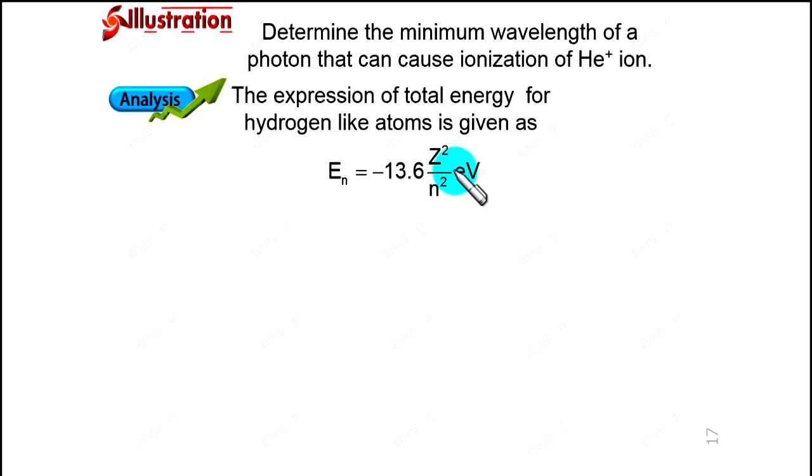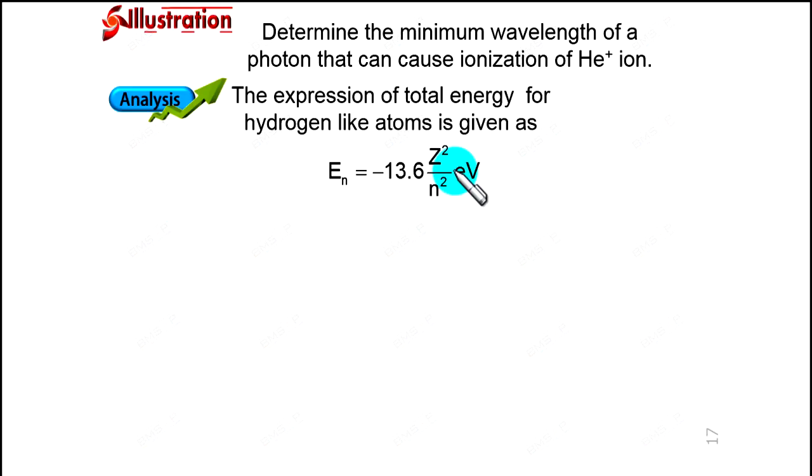And we also know the definition of the ionization energy. It is the energy required to eject the electron from n equal to 1 to n equal to infinite. That is the minimum energy required for removing the electron at ground state to out of the atom, right. This energy is the ionization energy.